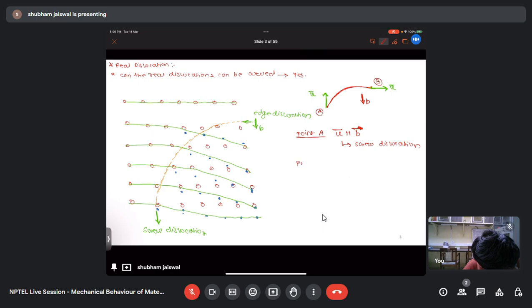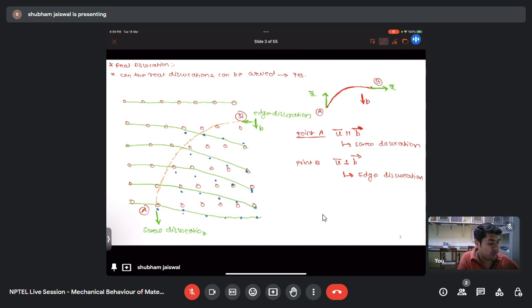And at point B, U is perpendicular to the Burgers vector. So this is nothing but a pure edge dislocation, and the previous one was the pure screw dislocation.